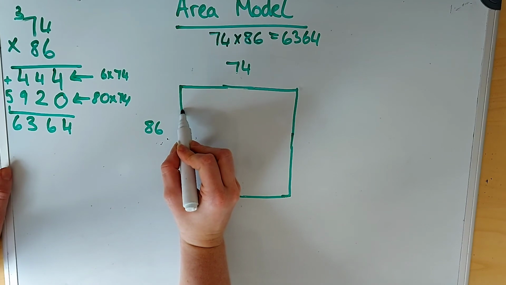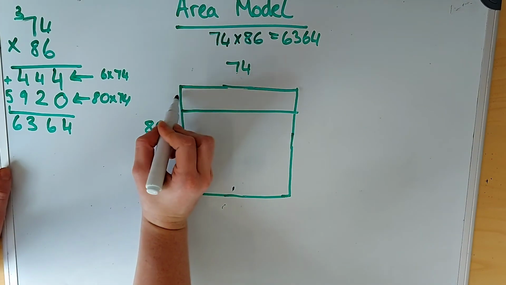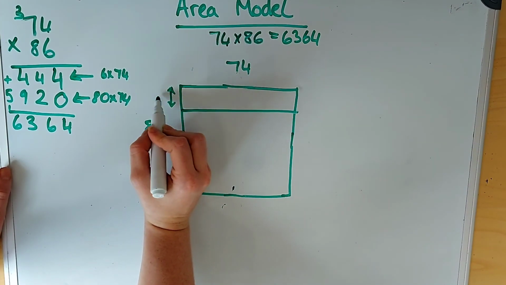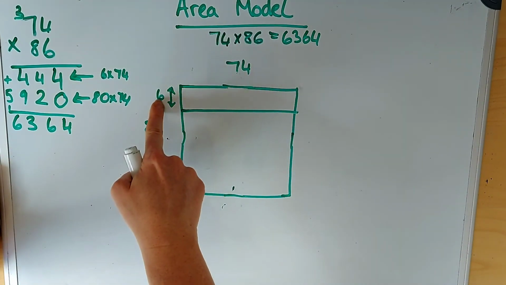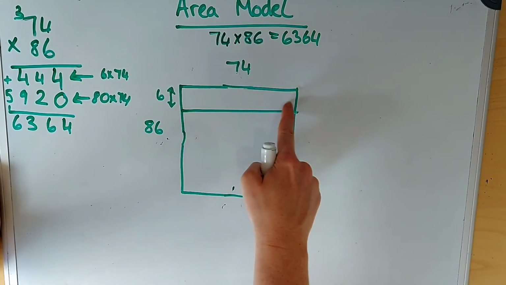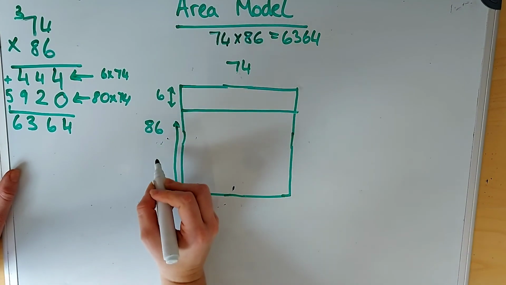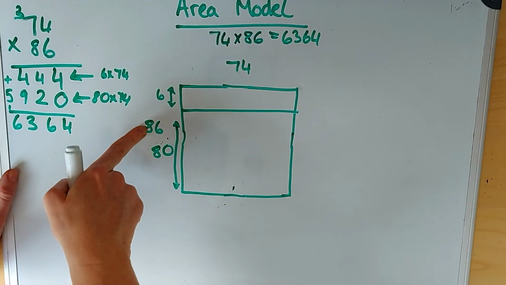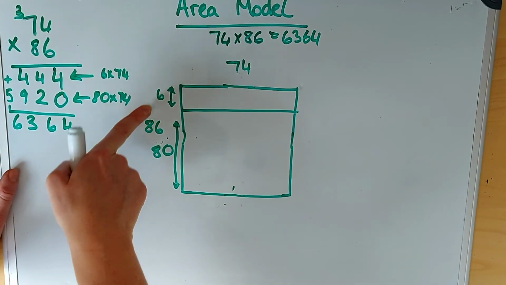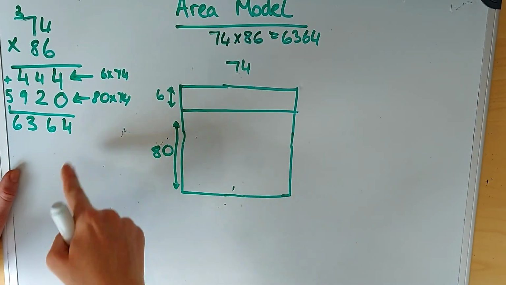So what I'm going to do is I'm going to split this part and say that is worth 6, because then I've got 6 groups of 74. That means the rest of this is going to be worth 80, because I've done 86 take away 6 will leave me with 80.